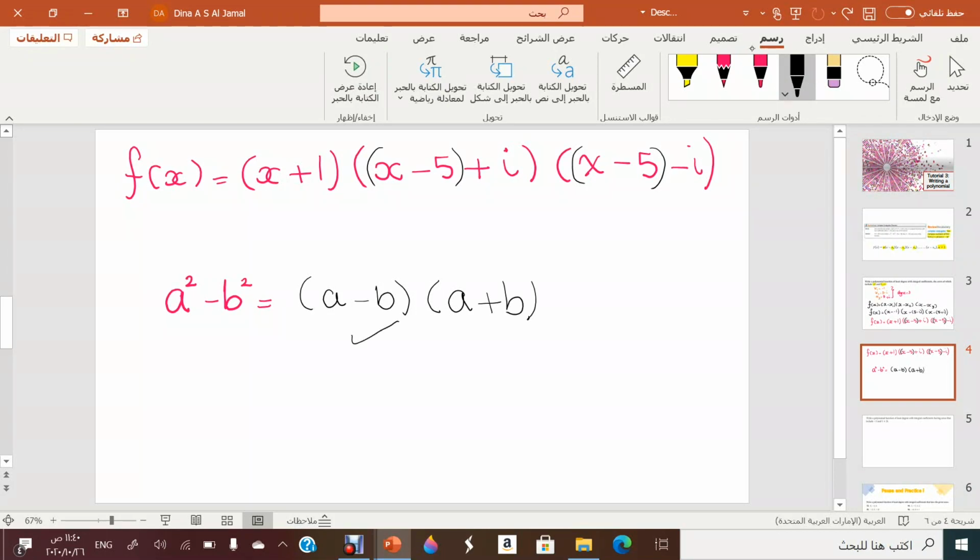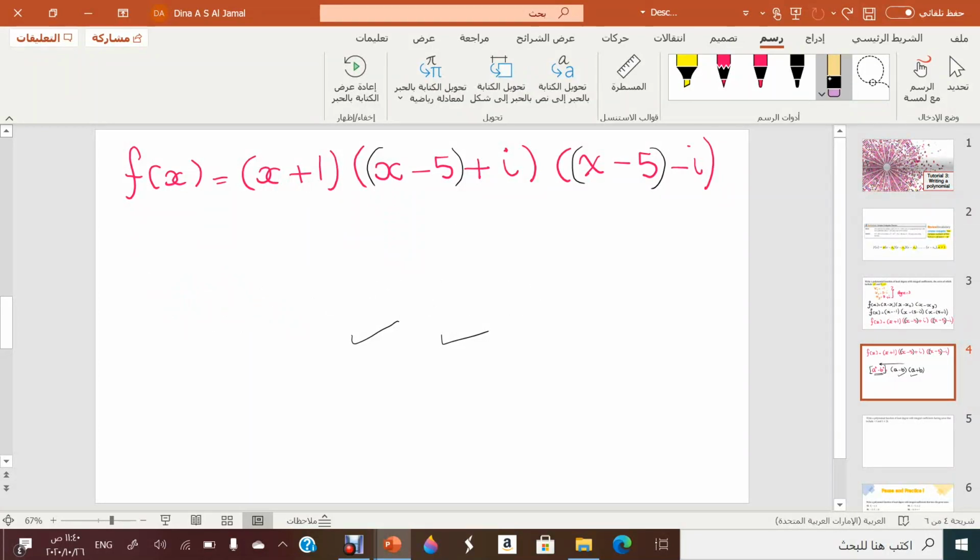Now I have these two and I want to get the binomial which gave me these two brackets. So it's like I'm doing my work in reverse. So let me delete this one. It was only a reminder for you.